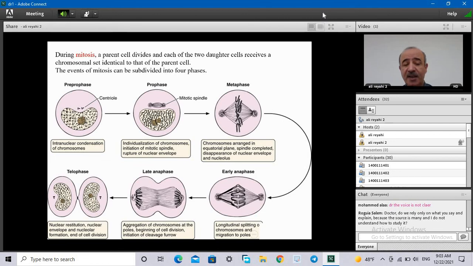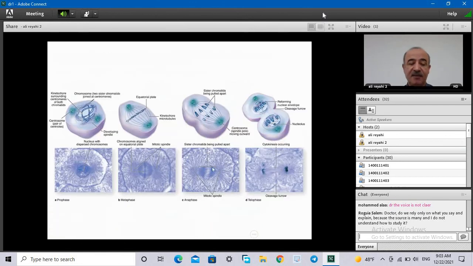During the telophase, the nuclear envelope appears again, and the nucleolus appears again. Okay, and the 2 daughter cells form from the one mother cell, for example.